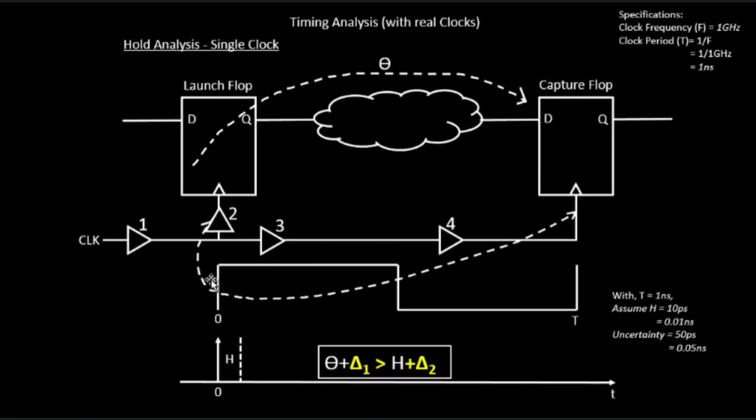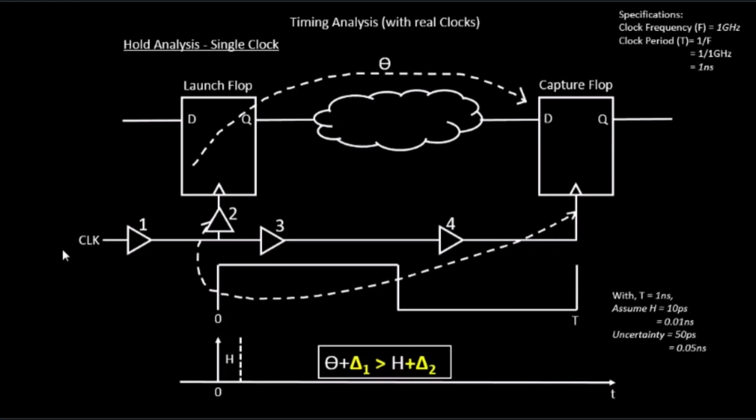For example, if this clock edge doesn't arrive at 0 but at somewhere around 10 picoseconds, the arrival difference will be the same for the launch flop and the capture flop, because it's the same edge going to both. So uncertainty here really doesn't matter, but still, to be on a more realistic side, we add a number like 50 picoseconds, a very low value for the uncertainty.